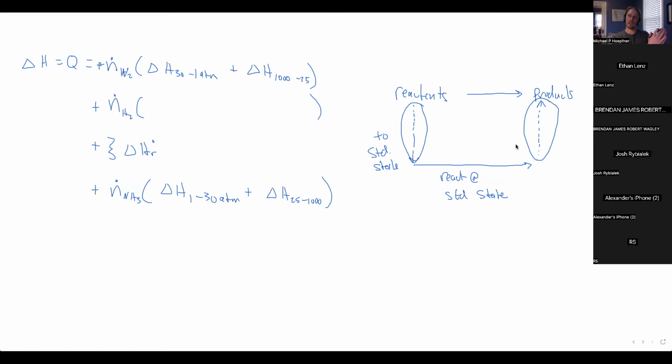The reason why the heat of vaporization gets smaller as we increase the temperature is because the liquid heats up more; the liquid has a higher heat capacity than the vapor does. Same exact analogy here. If the heat capacities of the reactants are different than the heat capacities of the products, then the heat of reaction will change as a function of temperature, because we're going to different lengths of each of these legs. Okay, does that make sense?